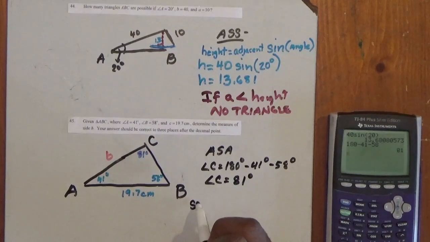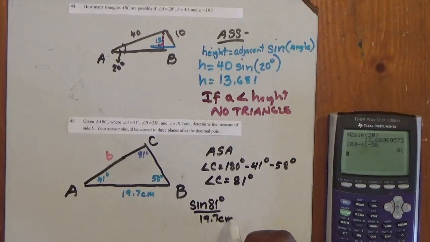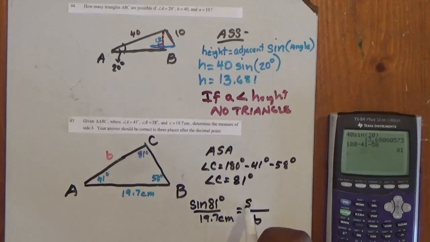We say sine 81 degrees over 19.7 centimeters is equal to, and since I'm looking for side B, I want to use sine 58 degrees.